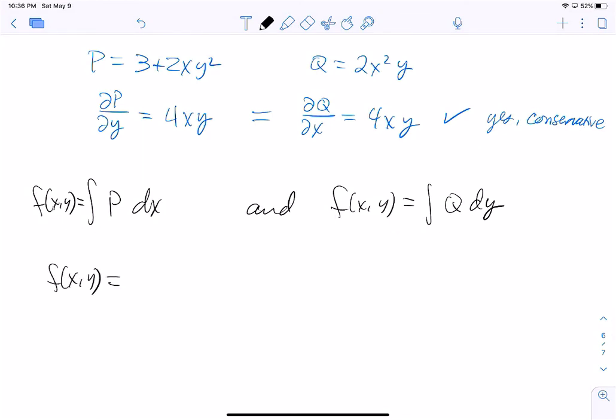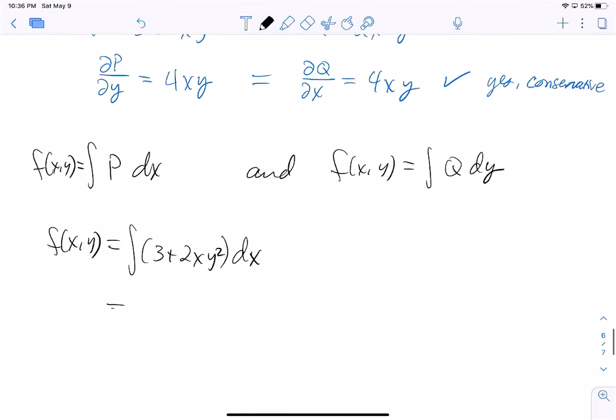The potential function f of x, y should then be the integral of 3 minus 2xy squared, nope, that's plus, 3 plus 2xy squared with respect to x. And so that's going to be 3x plus x squared y squared plus a constant, but folks, that constant is only constant with respect to x. What we just effectively did was we partially integrated.